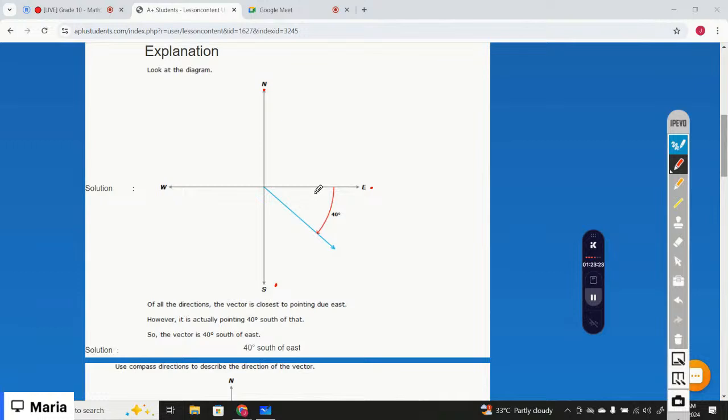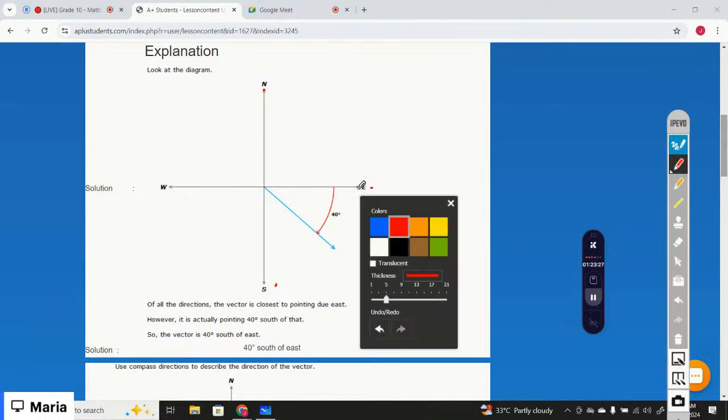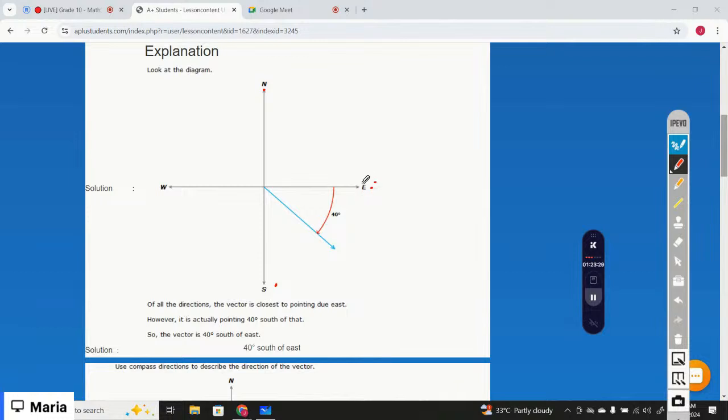Of all the directions, the vector is closest to pointing due east. However, it is actually pointing 40 degrees south of that. So the vector is 40 degrees south of east. Basically, the vector is between south and east, right?